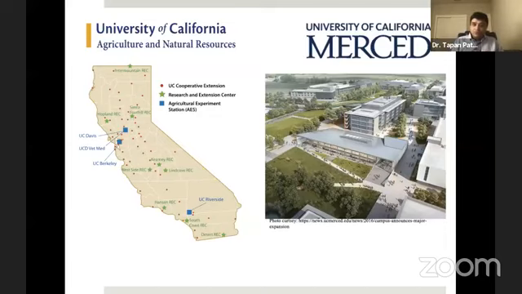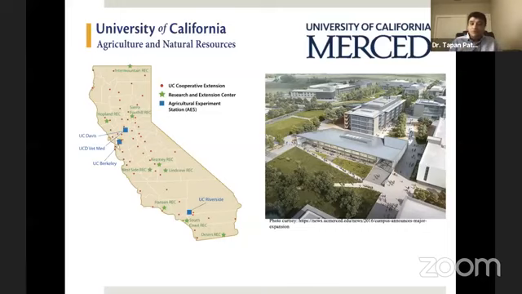Before I move into the topic itself, just to give you a very broad overview of the University of California's Division of Ag and Natural Resources, you see a map on your left of California. All those red dots are the University of California Cooperative Extension offices.